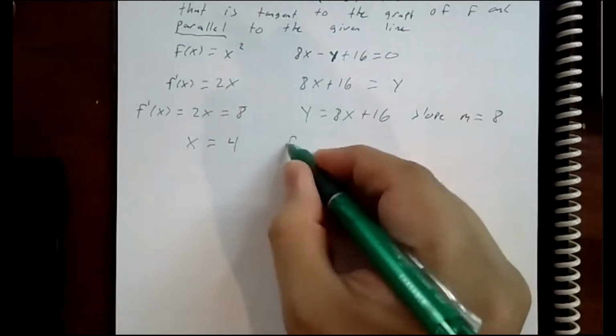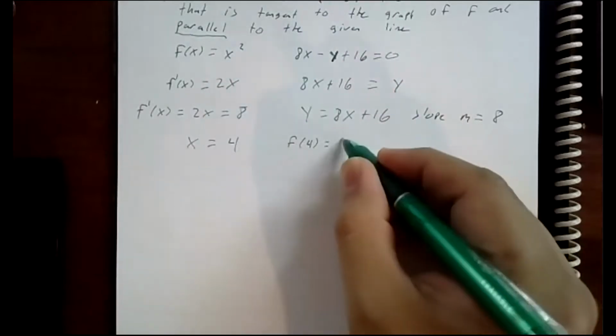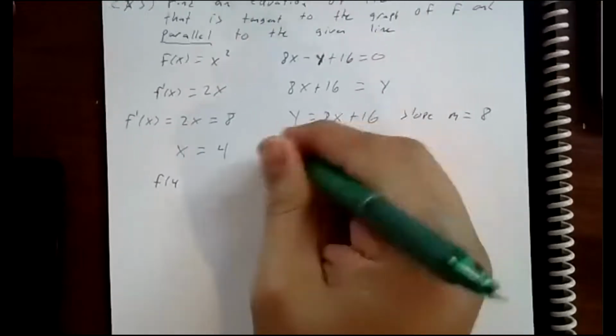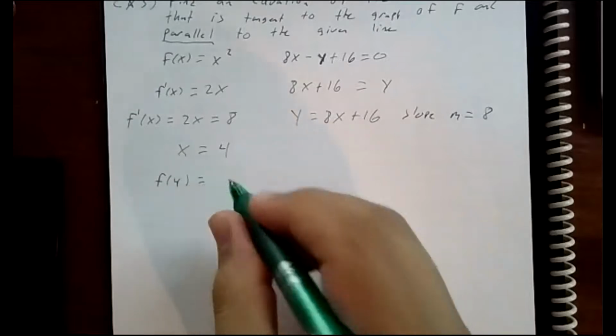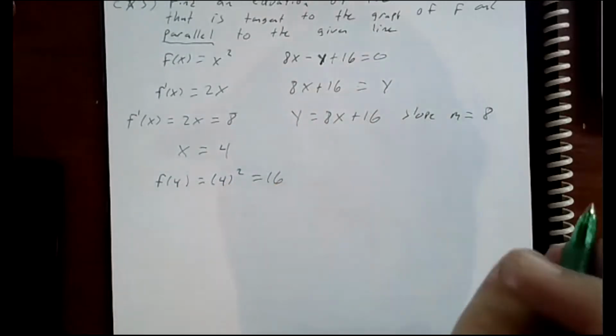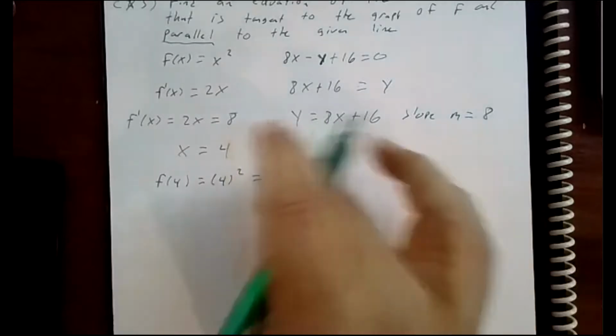So f of 4 is equal to 4. Let me do it over here, so I don't get this confused. f of 4 is equal to 4 squared, which is 16. So this is my y value.